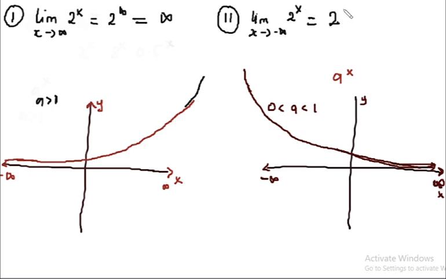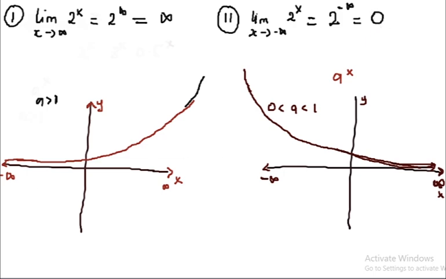This will be 2 to the power of negative infinity. If you notice, as the x value is approaching negative infinity, this function gets closer and closer to 0 for values of the base number greater than 1. And notice the base number here is greater than 1. So this is equal to 0.